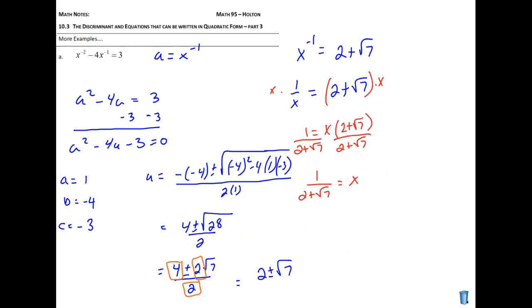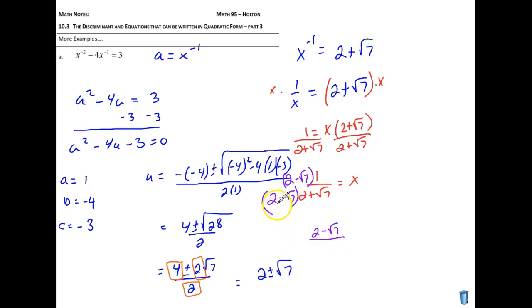But remember, previously we've learned that we're not allowed to keep this radical expression here in the denominator. So I have to rationalize that. So I'm going to multiply by 2 minus square root 7 in my numerator and my denominator in order to rationalize this. So now what I have is 2 minus square root 7 in my numerator.